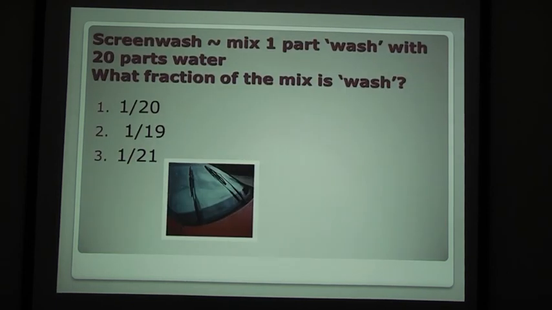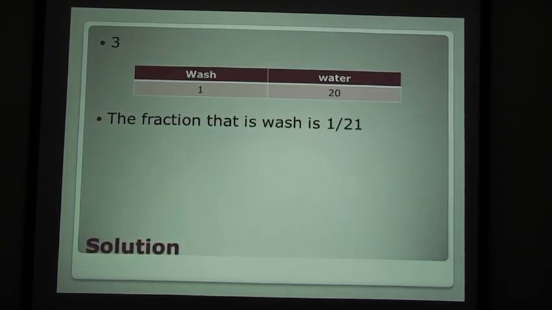So, let's say we've got screen wash. You have to mix 1 part of screen wash with 20 parts of water. What fraction of the mix is wash? If you look at that, you've got 1 part of wash to 20 parts of water. It means that the wash is 1 out of a total of 21 parts.